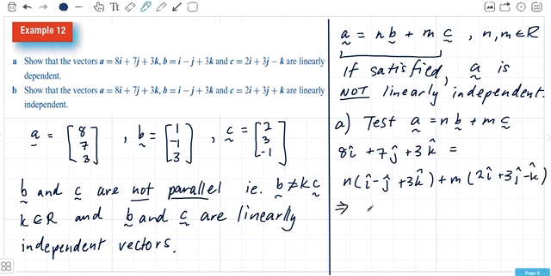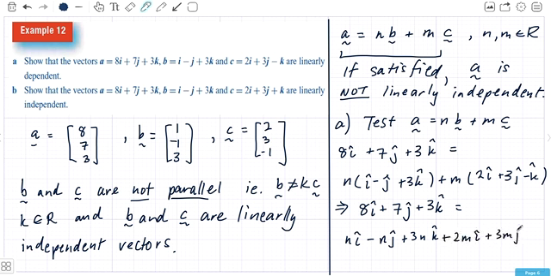All I'm going to do is expand this out: ni minus nj plus 3nk plus 2mi plus 3mj minus mk.